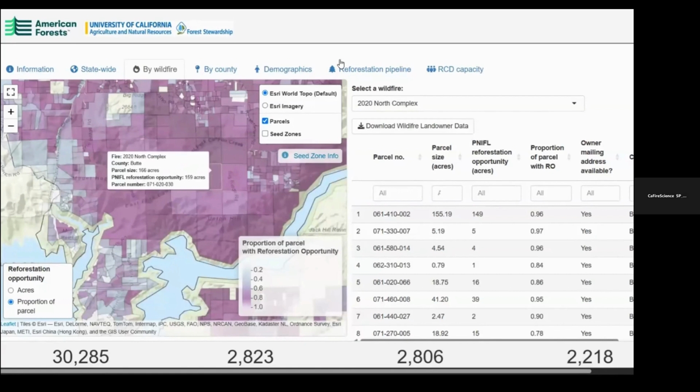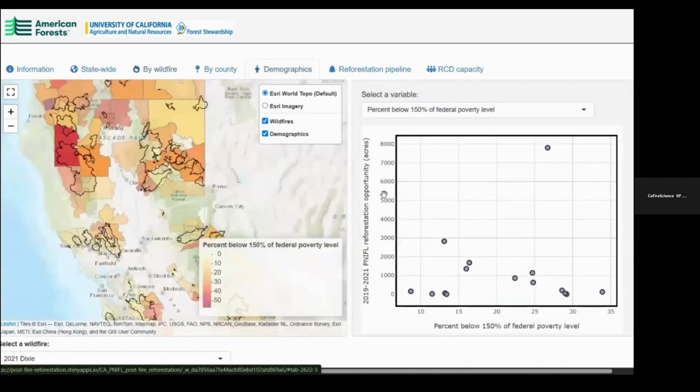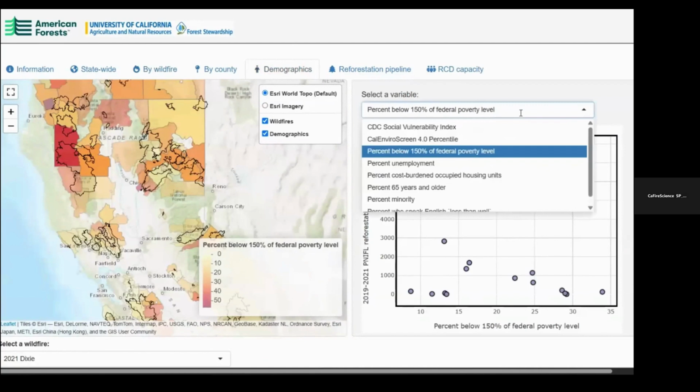Additionally, I'm always looking for grant funding to continue the work on past fires and to also work on the Park Fire. So I think this demographics tab could be really cool. A lot of grant sources offer priority points and give your application a bit of a boost if you meet certain categories.